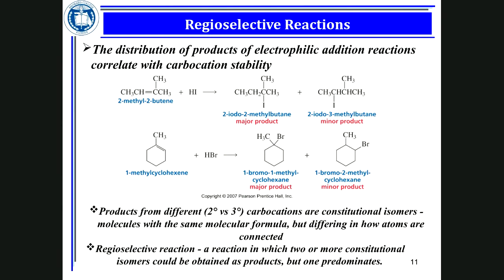Okay, if you add HI to this reactant, which one is going to be the product? What are the steps? Because the answer is already there. You have the HI. Which one comes in first?